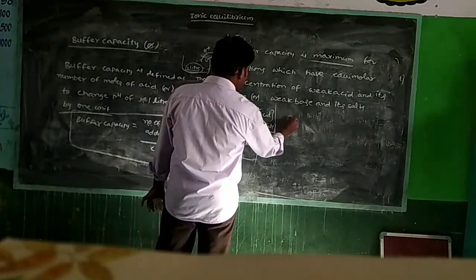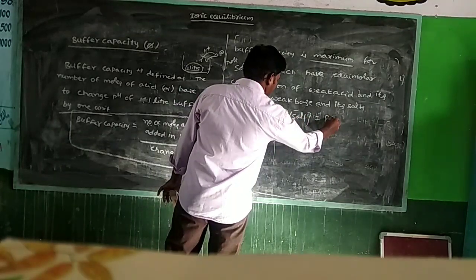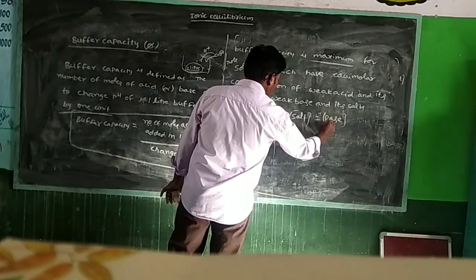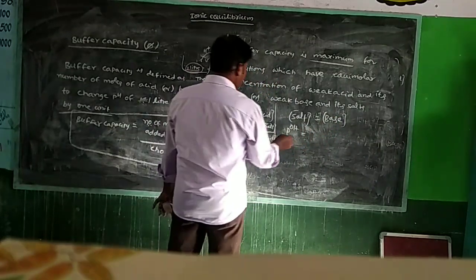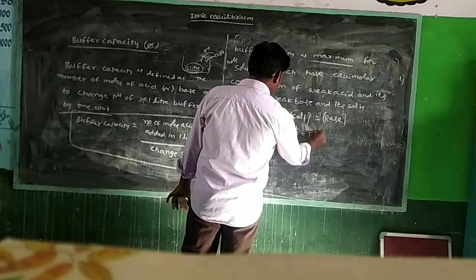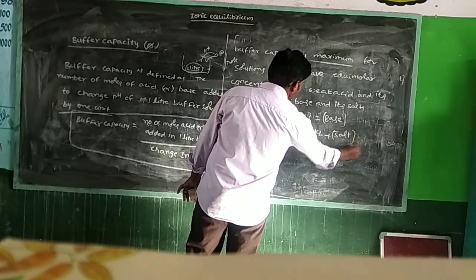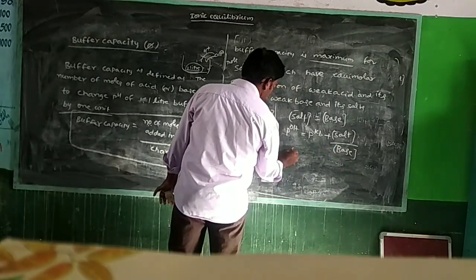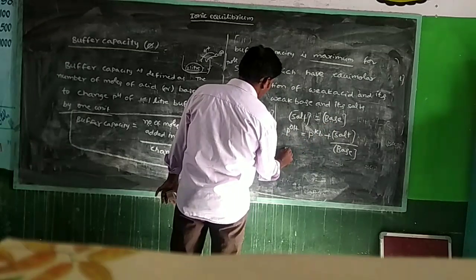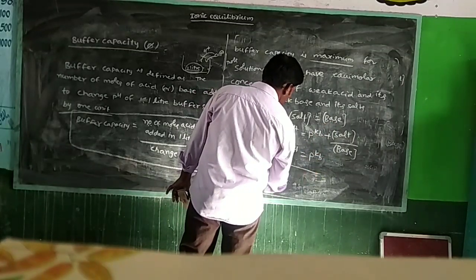In a basic buffer, salt concentration is equal to base concentration. Already you know that pOH is equal to pKb plus log salt concentration upon base concentration. Then salt concentration is equal to base concentration, so pOH is equal to pKb.